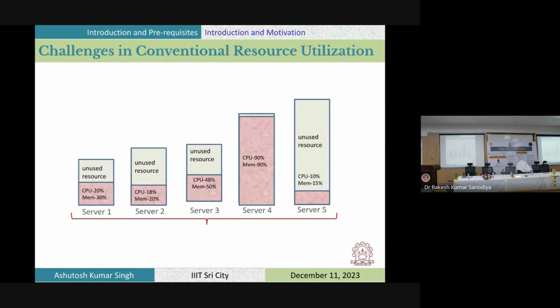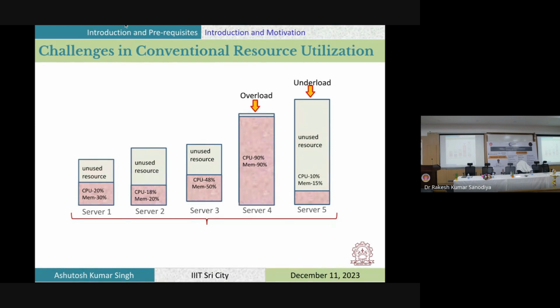So 50% is used, 50% is unused. But you can see server 4, where 90% is used and 10% is unused. It's overloaded. And underload is where memory and CPU are both only 25%, and the rest 75% is not utilized.